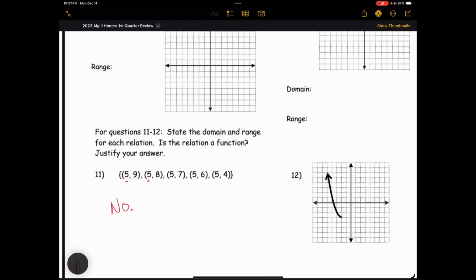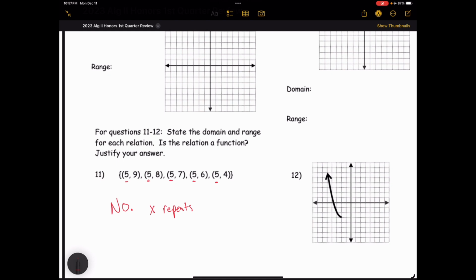Because the x values repeat. For it to be a function, x cannot repeat. You have one x value with a specific y value. You can't have one x value with multiple y values. It doesn't work that way. So this is a no.